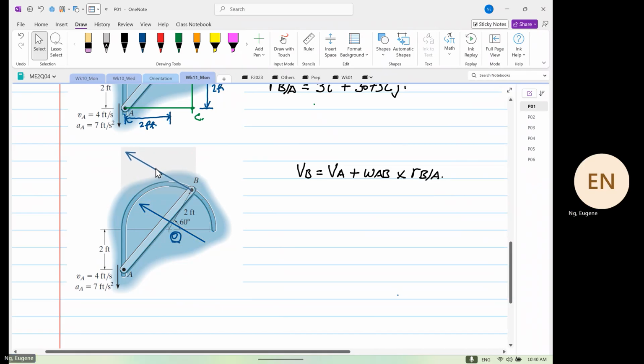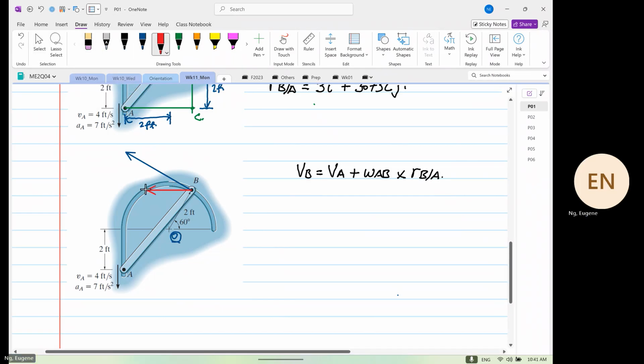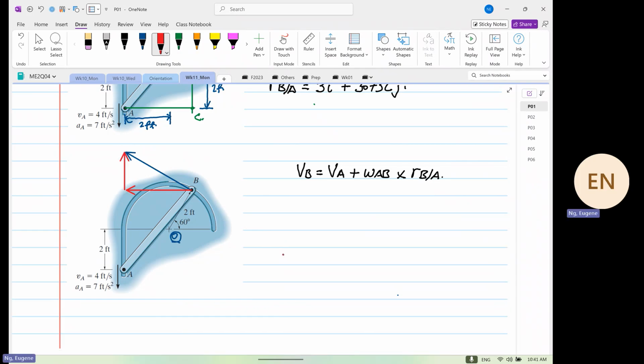So from here, we will have two components. And we know that this is 30 degrees. And we are aware that this is VB. So we have a minus VB cos 30 i, and then we have a positive VB sine 30 j.